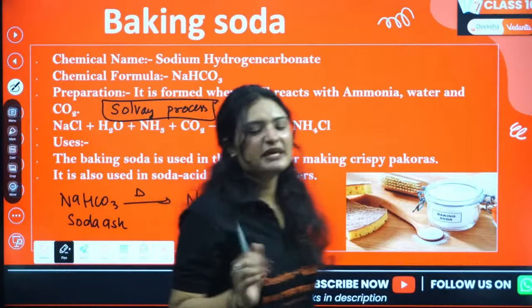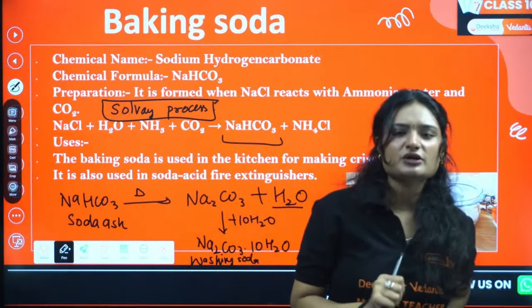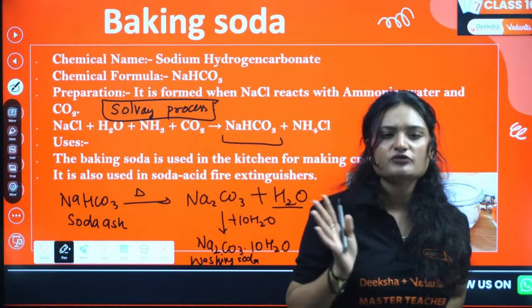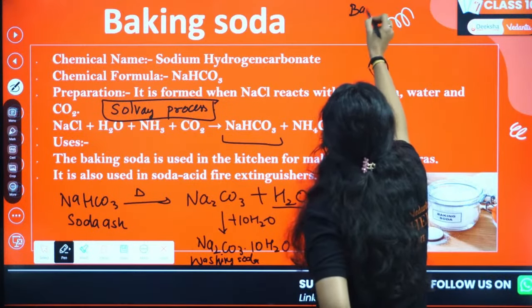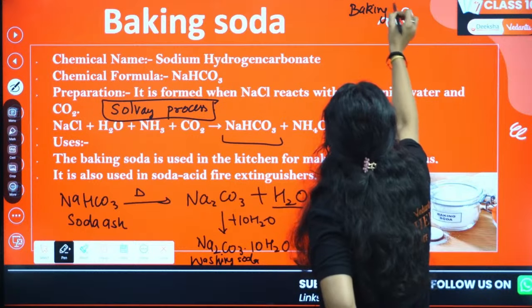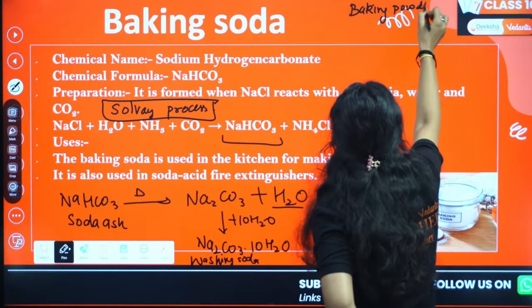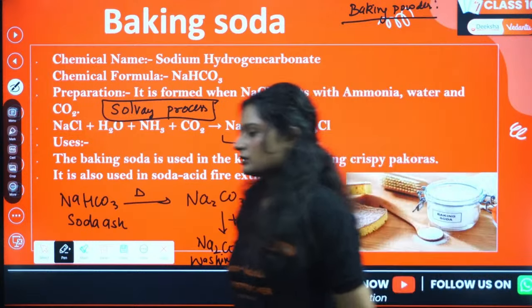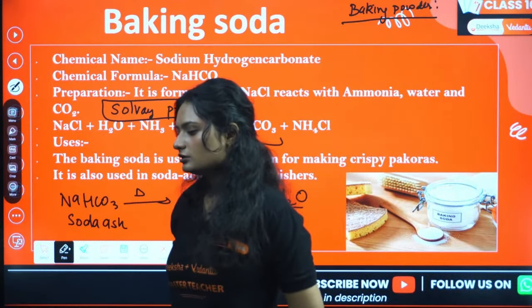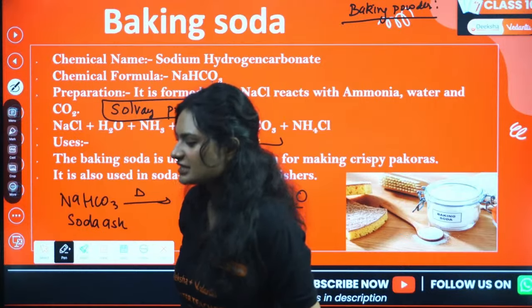Okay, now this is baking soda. What about baking powder? We also use baking powder for baking purposes, right? So what is baking powder? Tell me, what is baking powder? Yes.